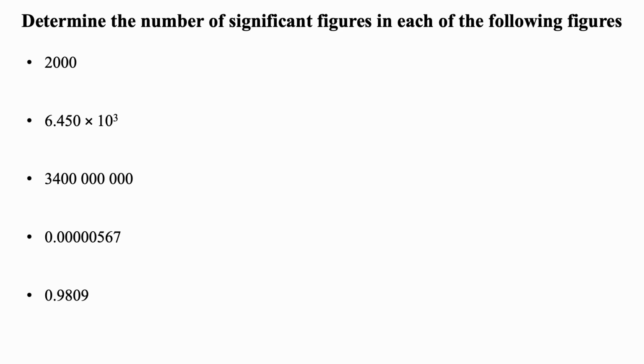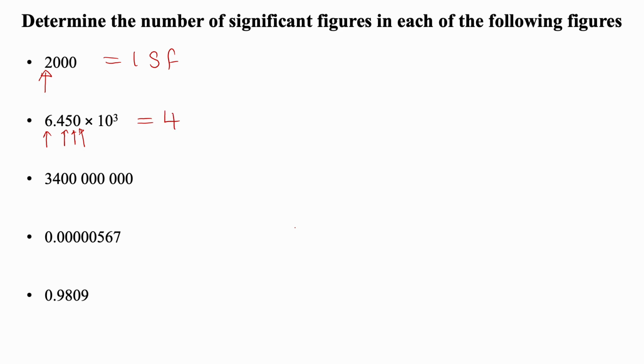Let's look at more examples. 2000 without a decimal place. Therefore, you have only 1 significant figure. 2 is the only significant number here. And another number with the scientific notation, 6.450. So 6, 4, 5 and this 0 after the decimal place, it is significant too.